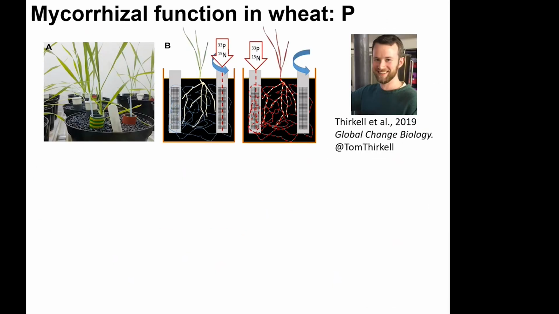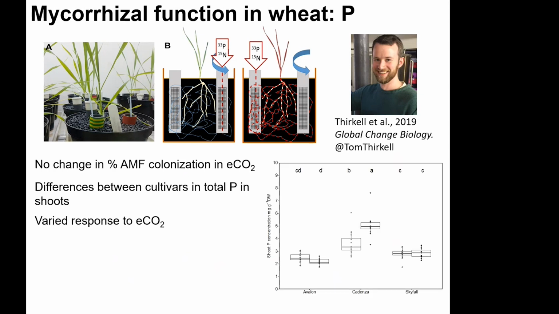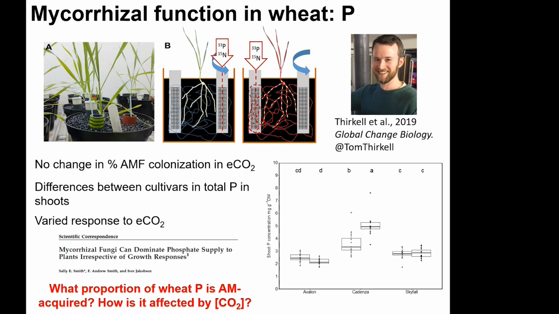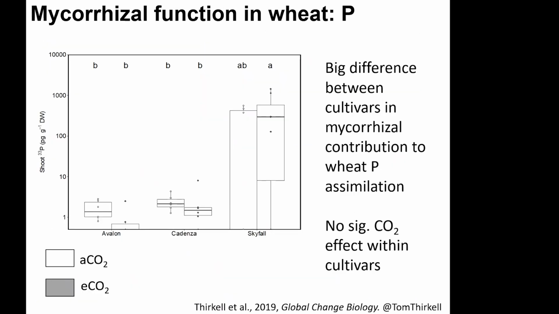So then he wanted to look at the actual functionality. So what proportion of the phosphorus those plants were getting is mycorrhizal? So he looked at the same 3 cultivars that Ashley had looked at with the colonization, and he found that total phosphorus was very variable. But when he broke it down into the mycorrhizal phosphorus, he found, again, very variable, but it wasn't the same way as with total phosphorus.